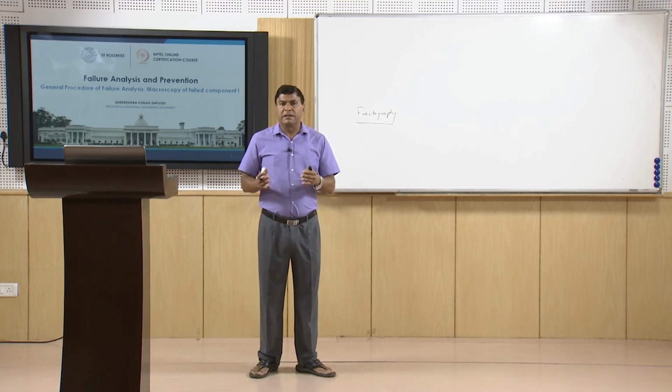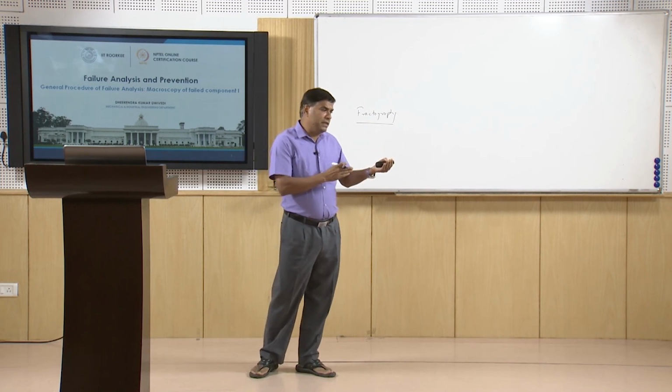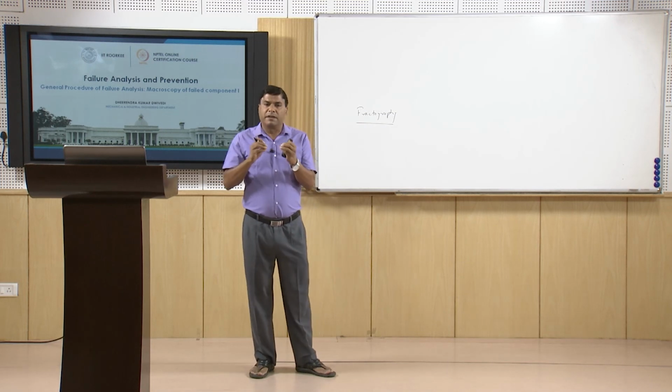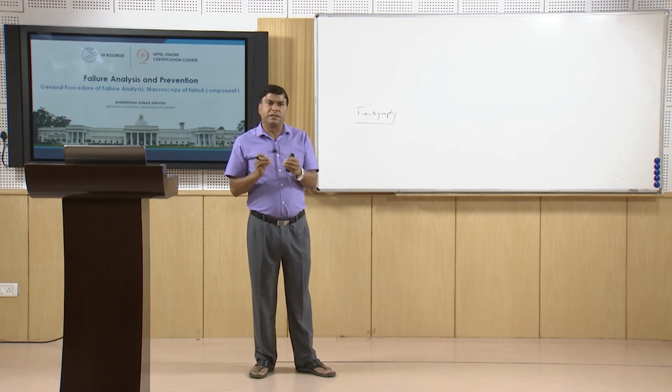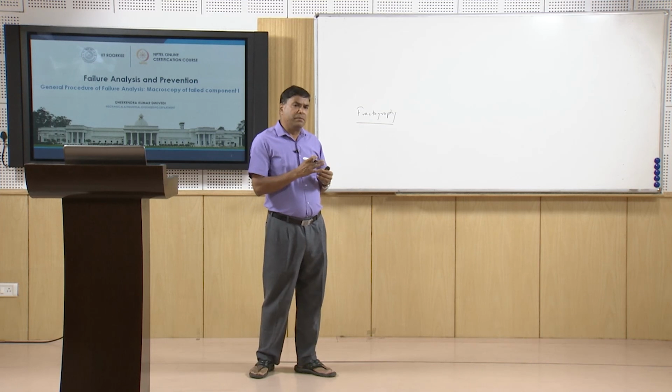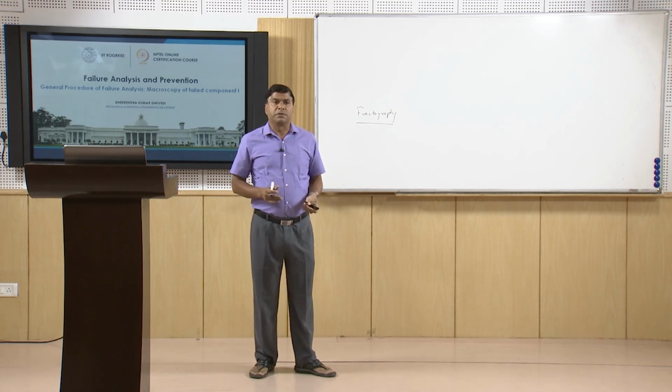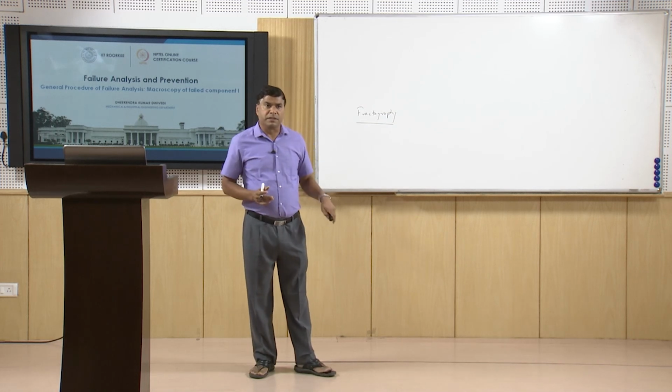Galling and fretting are the kinds of mechanisms which lead to minor surface roughness or irregularity generation, or galling leads to seizure kind of conditions, and eventually these can lead to the failure or deformation of the component.